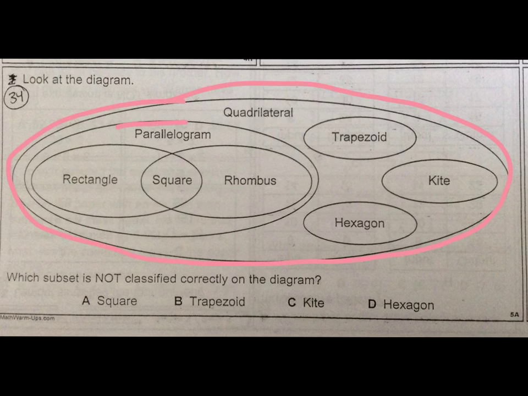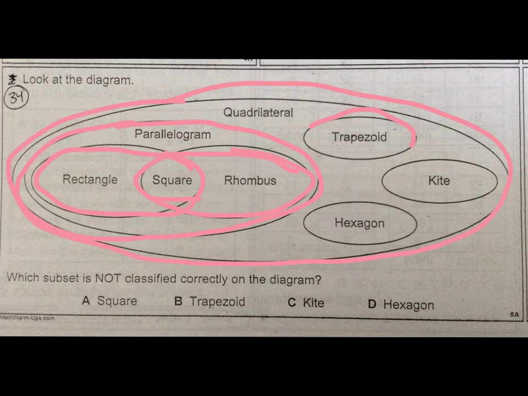So over here we have parallelograms, and within parallelograms we have rhombus, which a square is a rhombus. We have rectangle, which a square is also a rectangle. That's why it's there in the middle of both. Then we have trapezoids, we have kites, and hexagons.